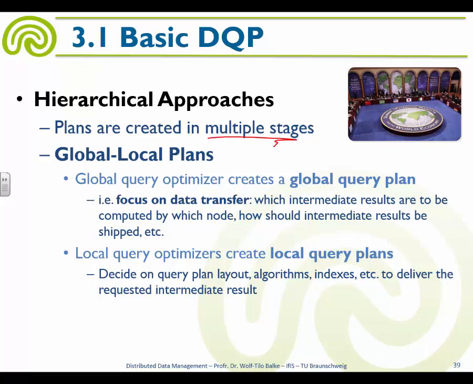So they're so-called global local plans, where the global query optimizer creates a global plan, which is usually concerning the data shipping, actually, which node does what, right? So the things where you know, okay, this data always resides on this node, or this data is partitioned in 3 partitions on these 3 nodes, or something like that, right?